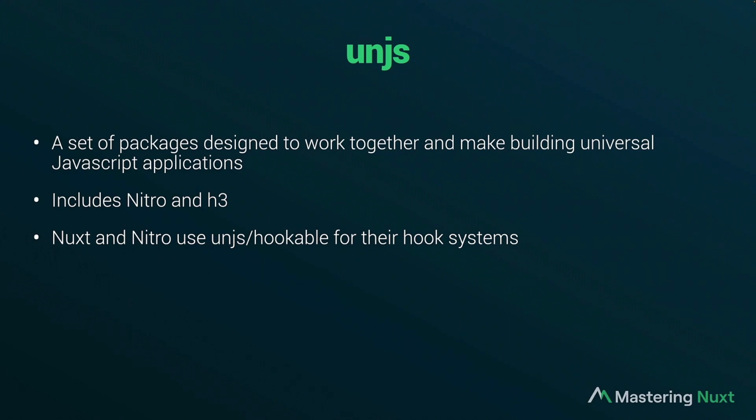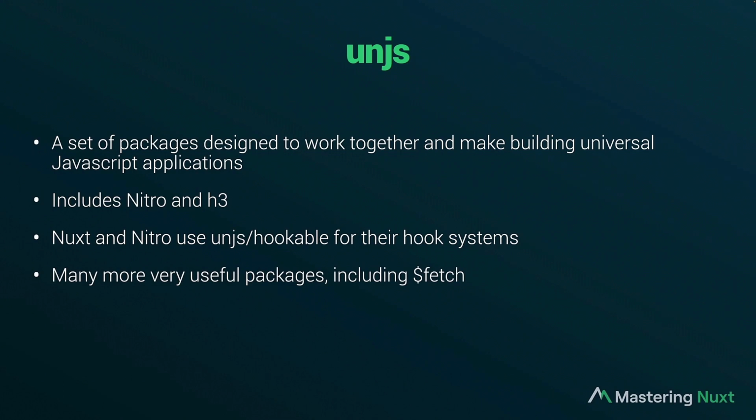Nuxt and Nitro also have a hook system so that we can create plugins that hook into the build process or when a page is rendered, and let us create plugins that extend that. That entire hook system is powered by this hookable package. So if you're building your own app, your own tooling, and you want to be able to write plugins for it to extend the behavior, this hookable package makes it very easy and simple to do that.